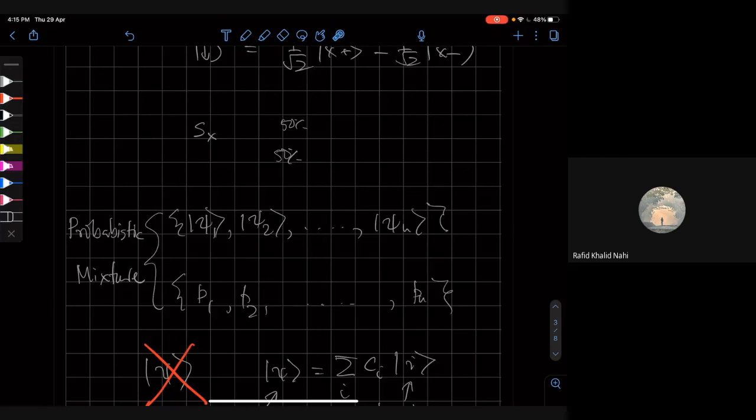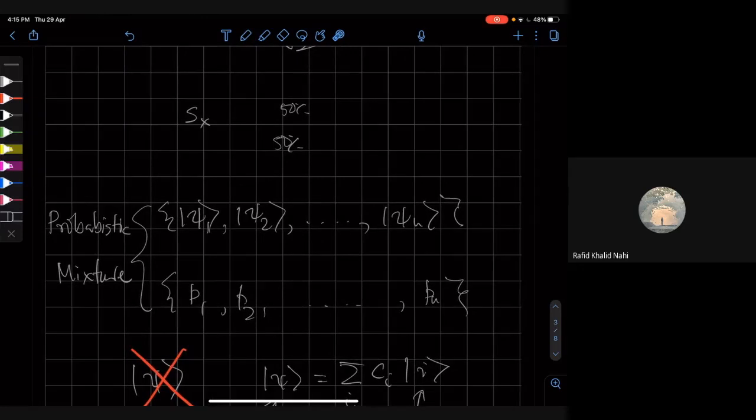Since it's a vector, even if we change the basis, we shouldn't get a changed probability for, let's say, getting spin up. Is that the case? Yeah, when you're doing a measurement, you are choosing a basis, right?